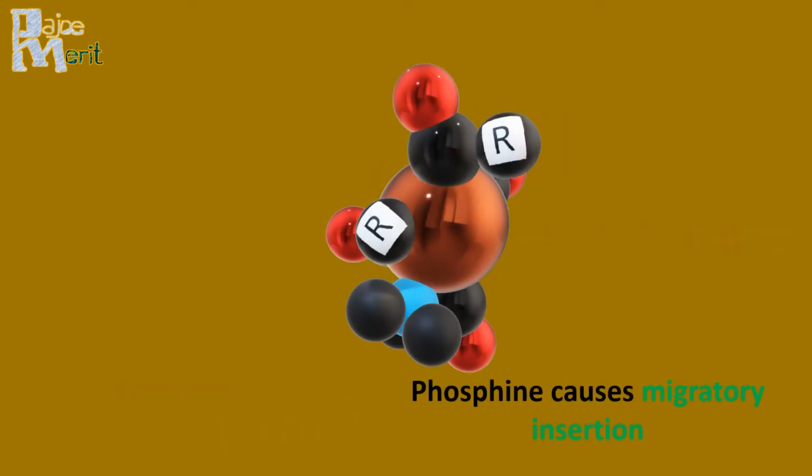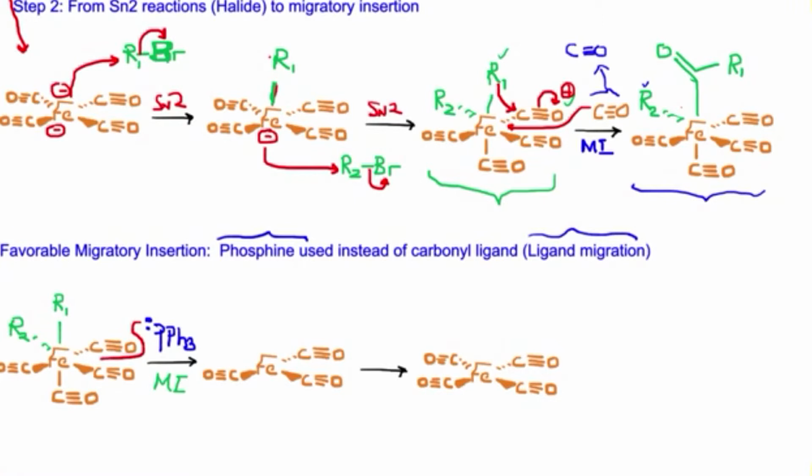So what happens as a result is phosphine comes in here, and this performs a migratory insertion in this particular carbonyl, which results in the formation of R2 right there, and at the top here we have our carbonyl attached to our R1, and we have our phosphine right there.